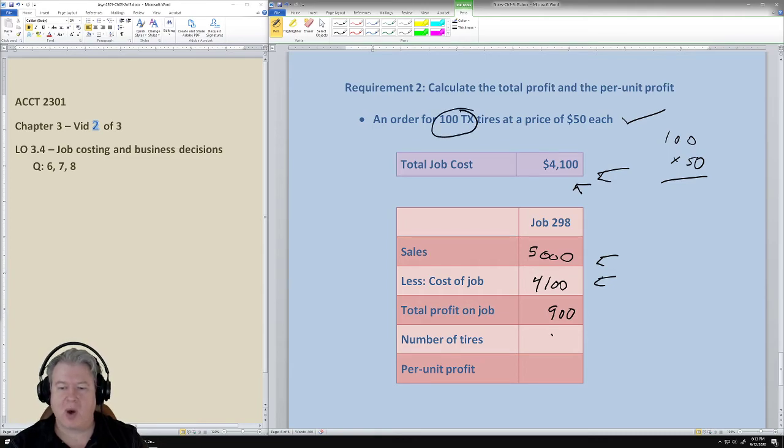So if I say, well, what was my per tire profit? Well, just 900 divided by 100, and that's going to be $9. We made $9 per tire on this particular job. And different jobs may have more or less, but at least we'd be able to then start to see which ones did better and which ones did worse.